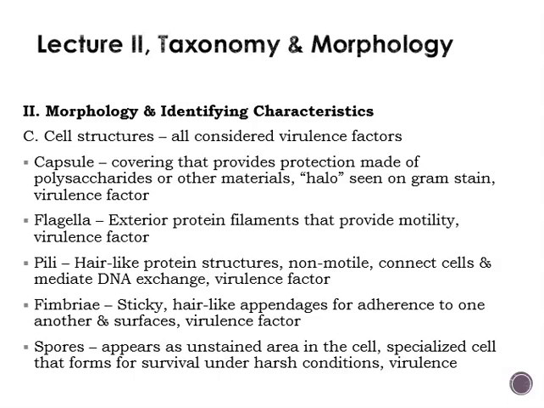This is a type of virulence factor, which means that it's something that makes the organism more virulent. This can be made up of polysaccharides or polypeptides. They're going to provide defense against phagocytosis. So that in itself is a virulence factor.